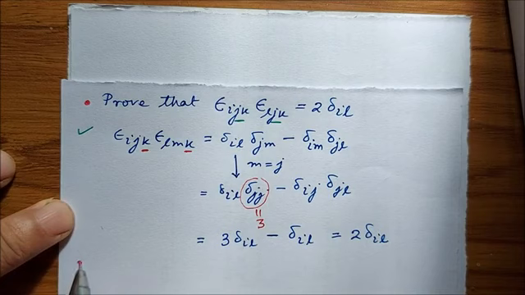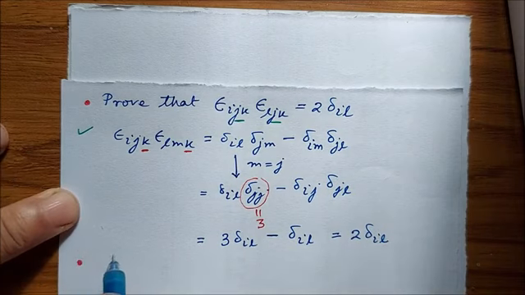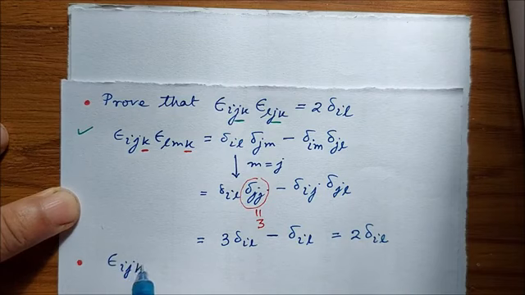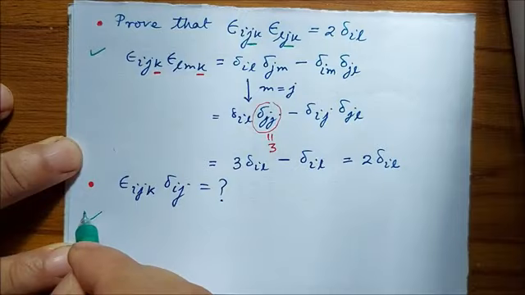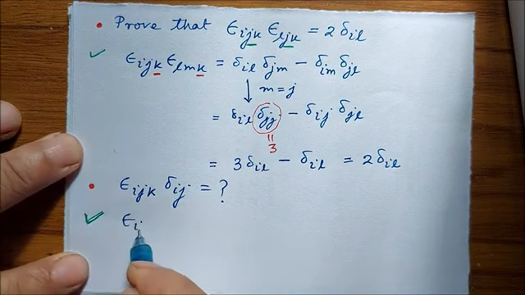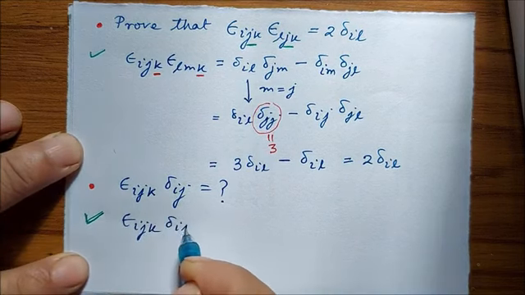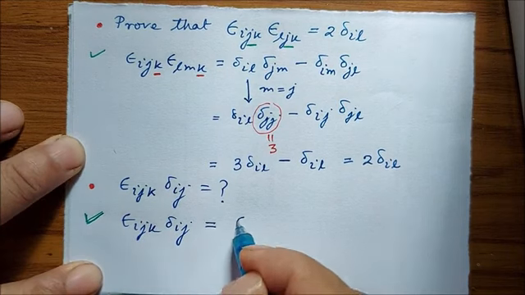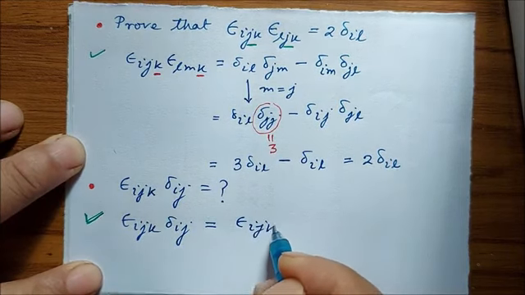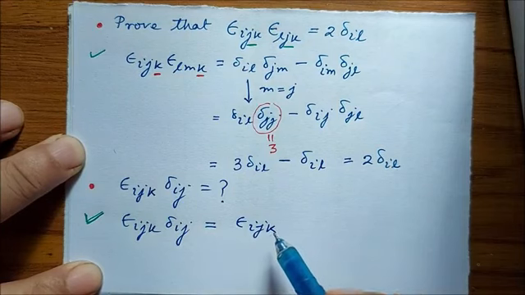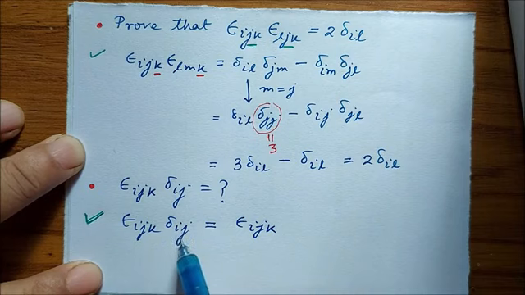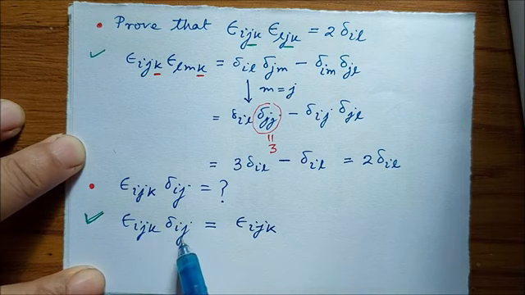Let us do the next problem. We have to find the value of epsilon ijk Kronecker delta ij. So the solution is epsilon ijk, and here we note that the index j repeats, which means it is a sum over j, but presence of Kronecker delta means that only j equal to I term will survive.